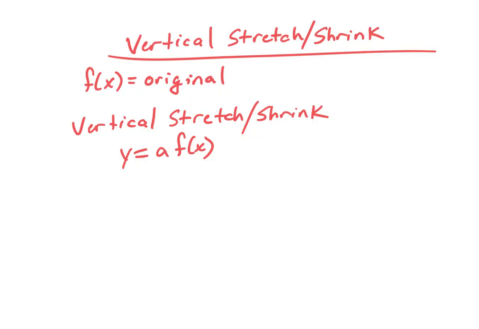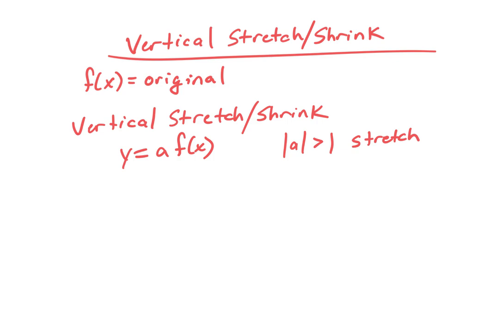If that a value is bigger than 1, and I put that in absolute value here because, like I said, we don't want it to be negative. Negative is going to have a different application. So all we're doing is looking at the number itself, not the sign. So we take the absolute value of it. Only pay attention to the number itself. Then it will be a vertical stretch. So the bigger the number, the more it's going to stretch.